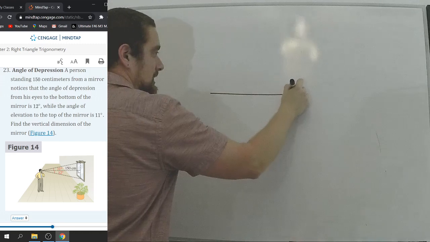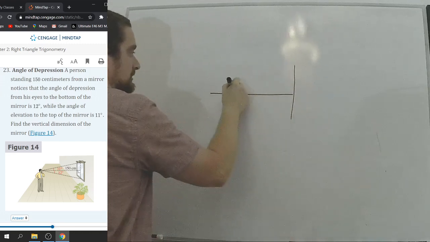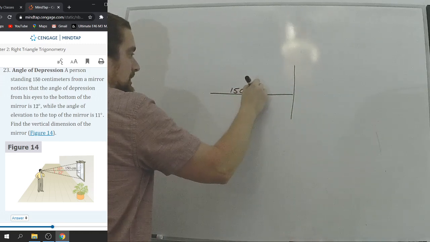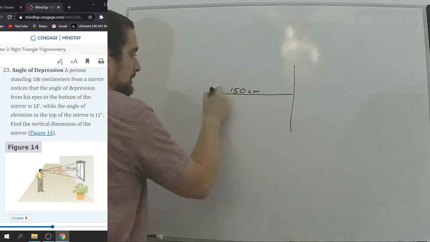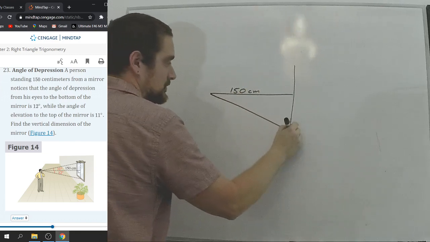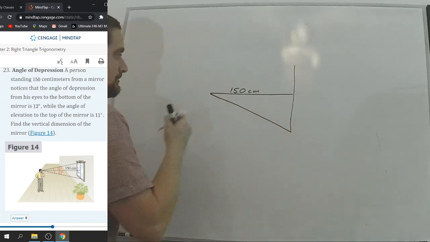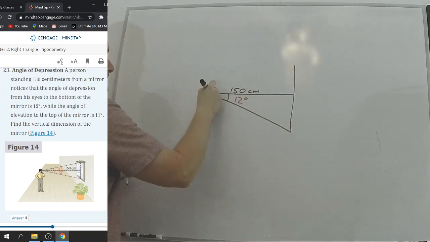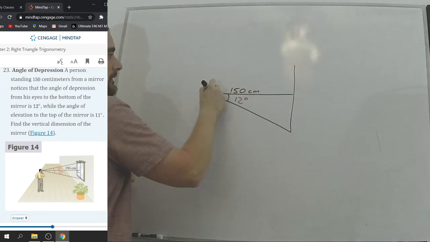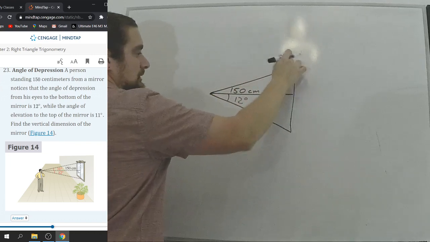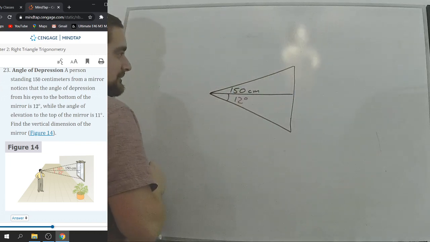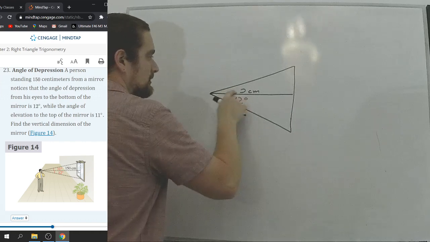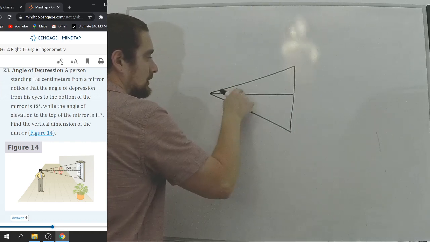So we know that we're standing 150 centimeters away from a mirror. The angle of depression, which maybe I'll do in red, is 12 degrees. And again, from our eyeballs, we're looking up. The angle of elevation to the top of the mirror is 11 degrees. Let me slide this 150 over.